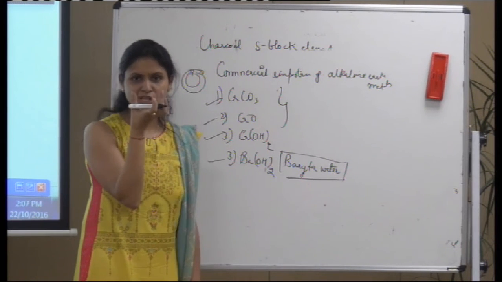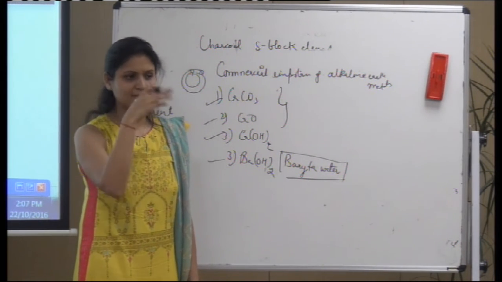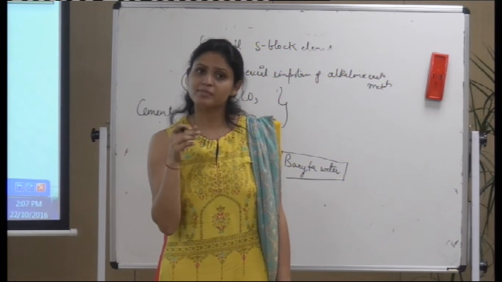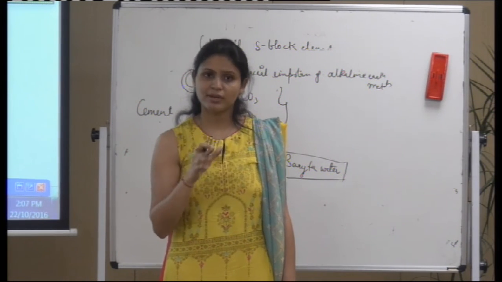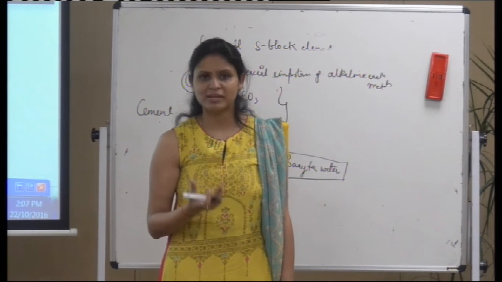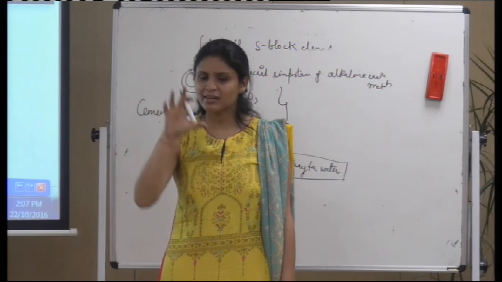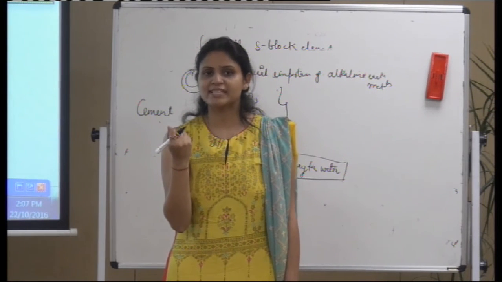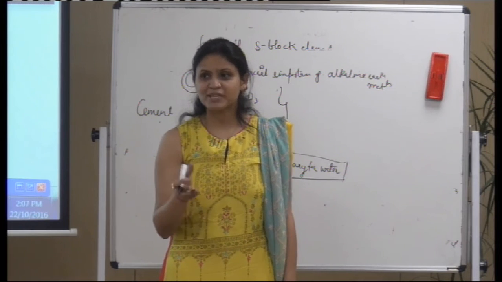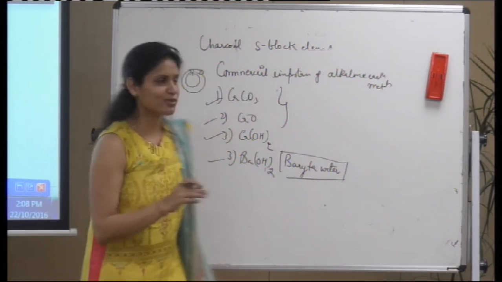If I take a chalk and dip that chalk in some liquid solution, it will adsorb some impurities from the solution onto itself, and hence it would act as an adsorbent. So charcoal can adsorb all the impurities, and hence these face washes and toothpastes contain charcoal. So this is the role of charcoal.